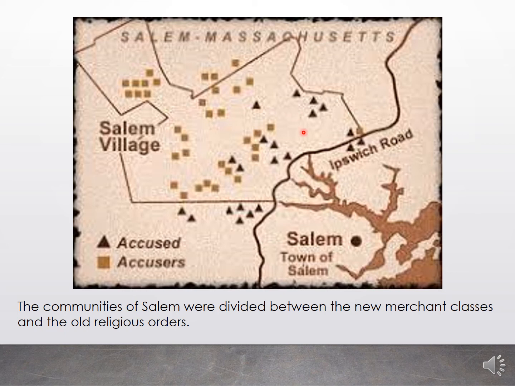The people who were being accused were the people who were closer to the town. They tended to be more of the merchant class. They tended to be the newer families to the particular colony. So it's interesting to think about that as well and to look at that because that could have a lot to do with what was causing this anxiety, right? These newcomers to Salem town.